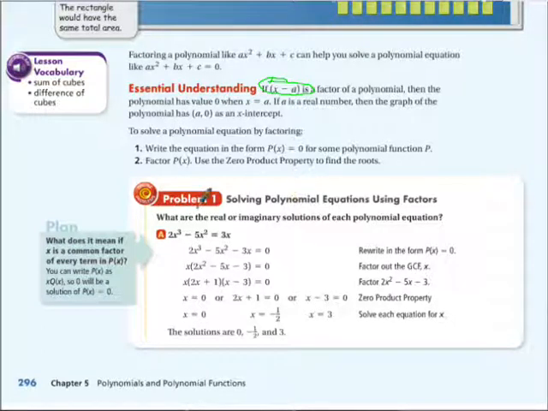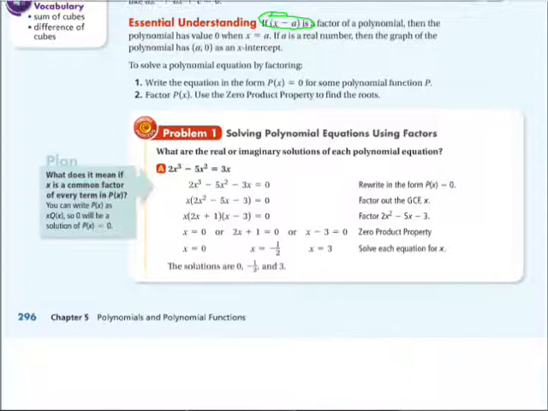So really simply, solving a polynomial using its factors, real or imaginary, based on the directions. We look at this problem and we have 2x cubed minus 5x squared equals 3x, so we know that we always want to set it equal to 0. We always want to set equal to 0 before we start solving.